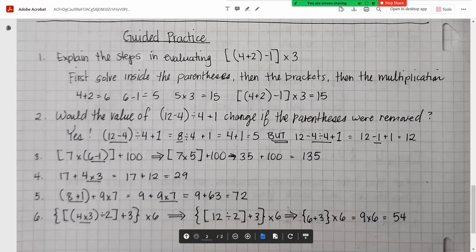Number 2, would the value of 12 minus 4 divided by 4 plus 1 change if the parentheses were removed? Yes, absolutely. Now, if there were no parentheses, we would start with the 4 divided by 4. But since the parentheses are there, we have to begin with the 12 minus 4. 12 minus 4 gives us 8. 8 divided by 4 is going to give us 2.